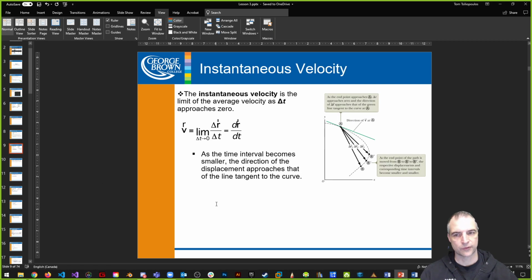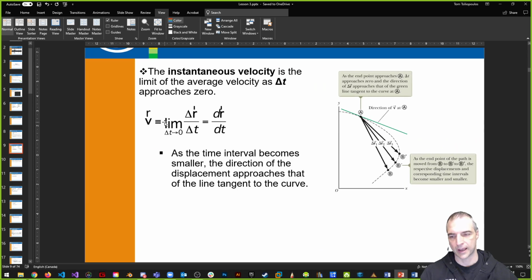The instantaneous velocity is the limit of the average velocity as the change of time, delta t, approaches 0. So again, when we read this equation, we can say the limit as the change in time approaches 0, for the change in position over the change in time is really the derivative of the position vector over the derivative of the time scalar.